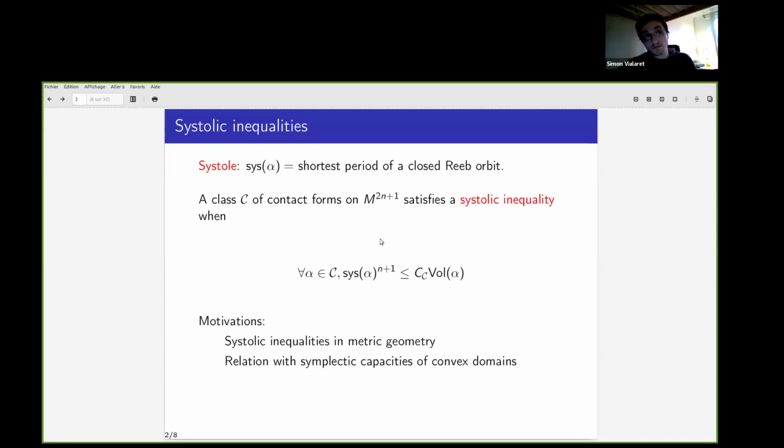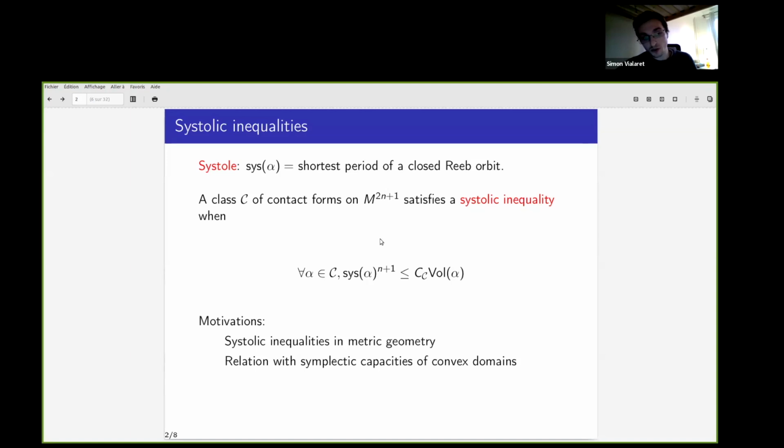And there is a very influential question asked by Claude Viterbo, which asked whether or not a certain inequality involving symplectic capacities of convex domains and the Euclidean volume of those domains holds for all convex domains.